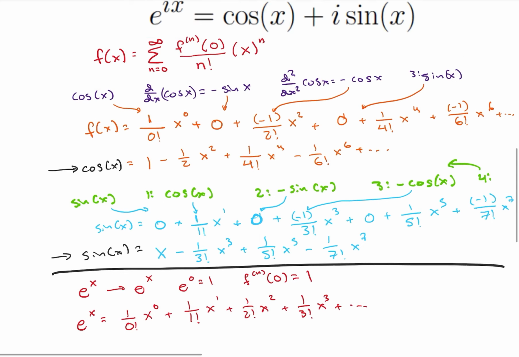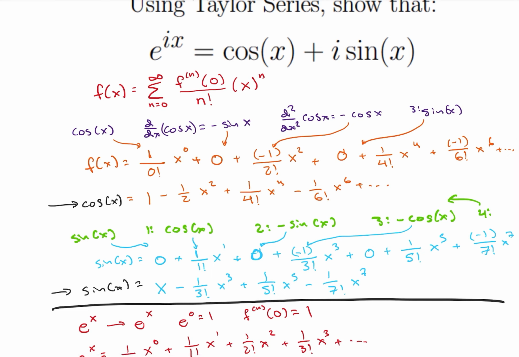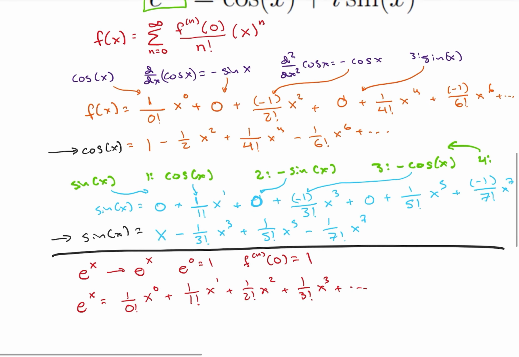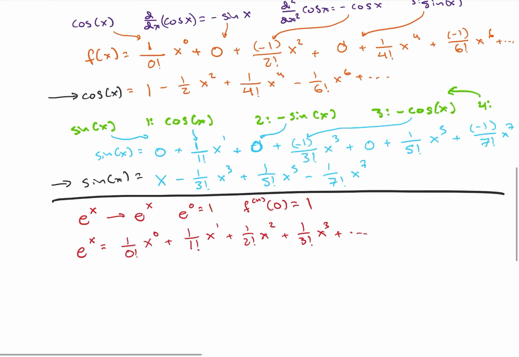Okay, so remember what we were doing in our original equation. We were looking at e to the ix. So instead of taking e to the x, what if I take e to the ix?